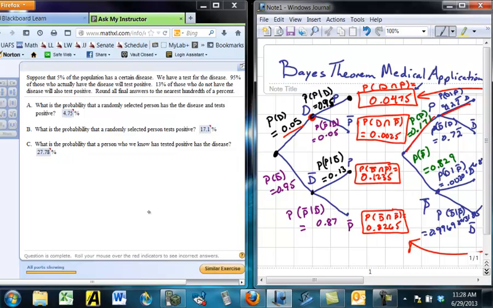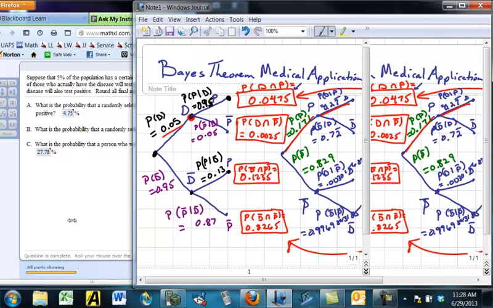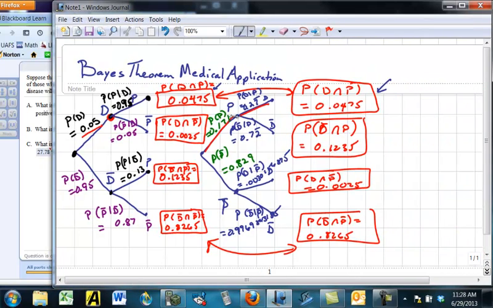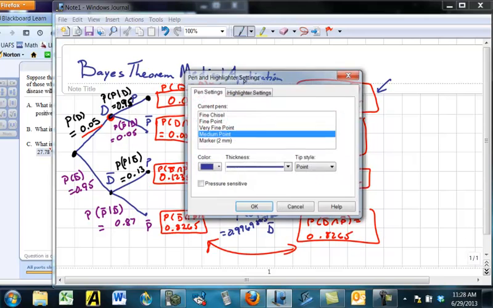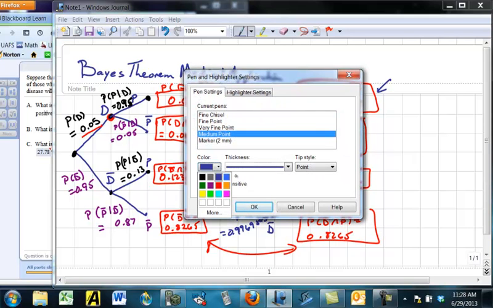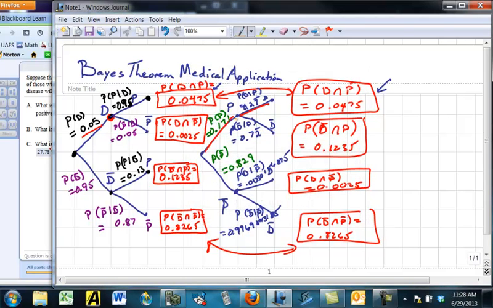What's the probability that a randomly selected person tests positive? Well, that's the probability of a positive result. That is right here, the probability of a positive, 17.1%.